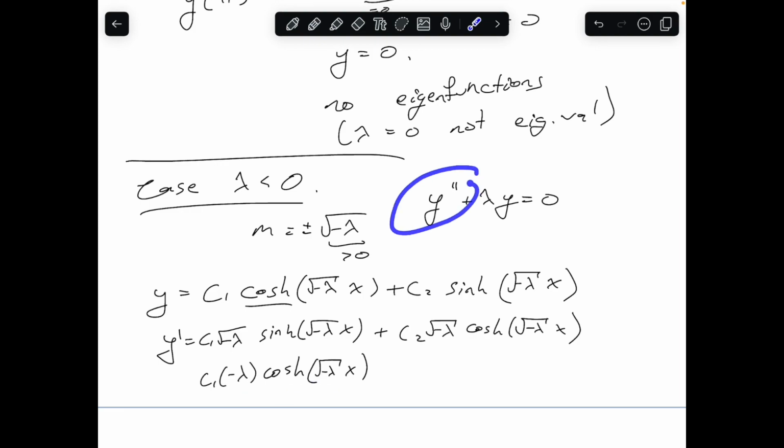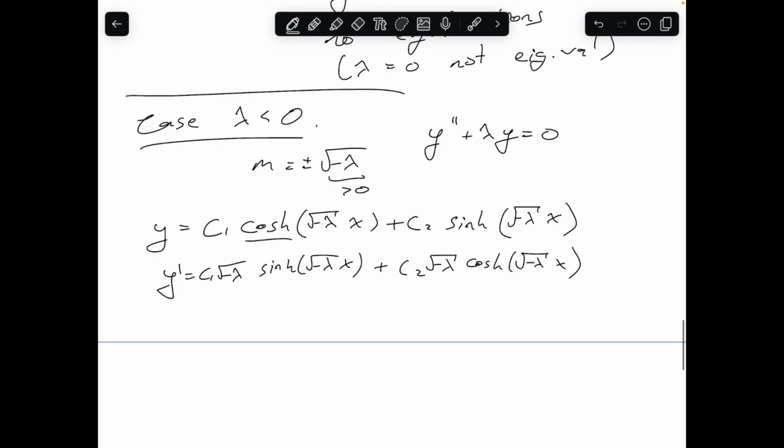So y double prime would be negative lambda times cosh, and then y is just cosh. And so negative lambda cosh plus lambda times cosh, those cancel out, and so it does in fact give you 0. Okay, anyway, not talking about why this satisfies the differential equation.